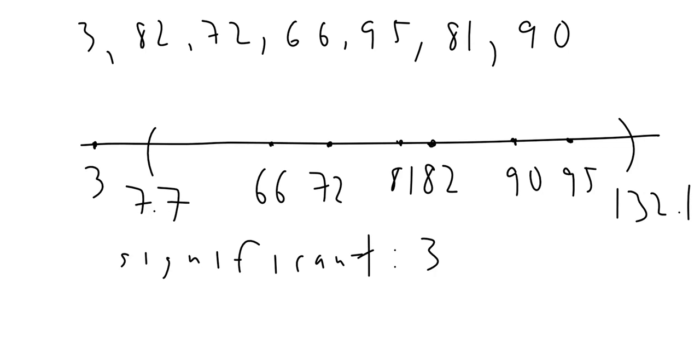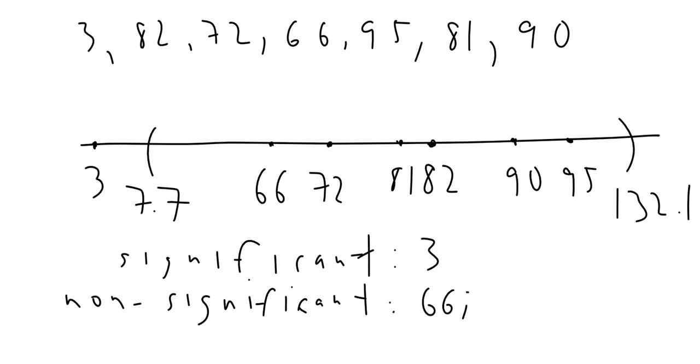Everybody else is inside the interval. So the non-significant points are all the other data points: 66, 72, 81, 82, 90, and 95. And that's all I want you to do.